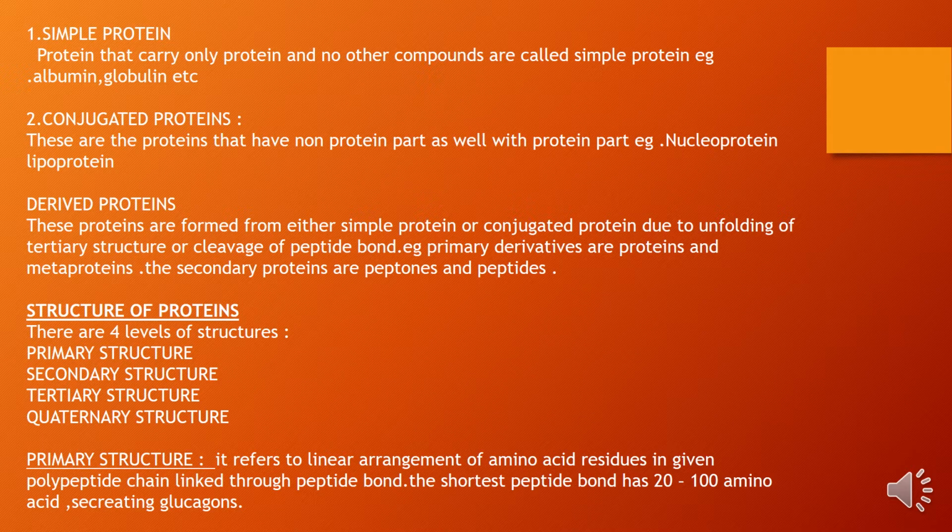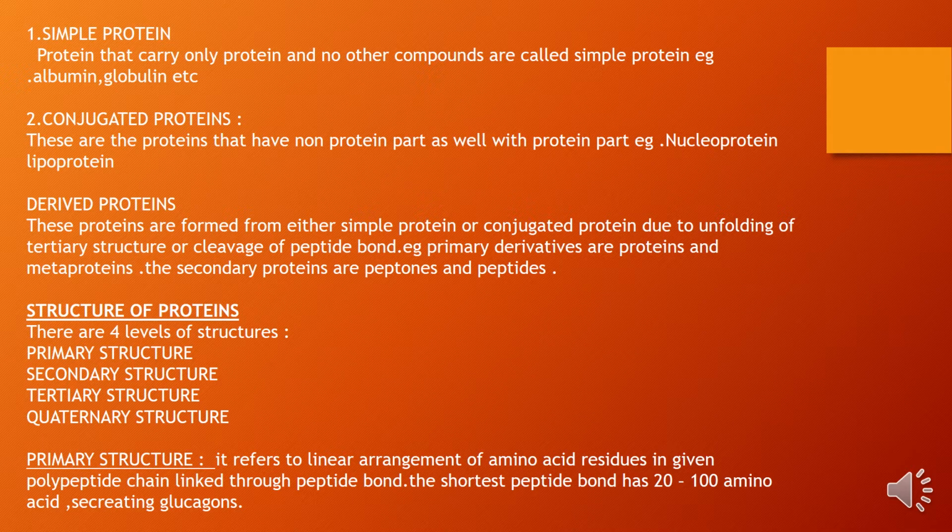Conjugated proteins have a non-protein part as well as the protein part, called nucleoprotein or lipoprotein. Derived proteins are formed from protein or conjugated protein due to unfolding of tertiary structure or cleavage of peptide bond. Primary derivatives are proteans and metaproteins. Secondary derivatives are peptones and peptides.